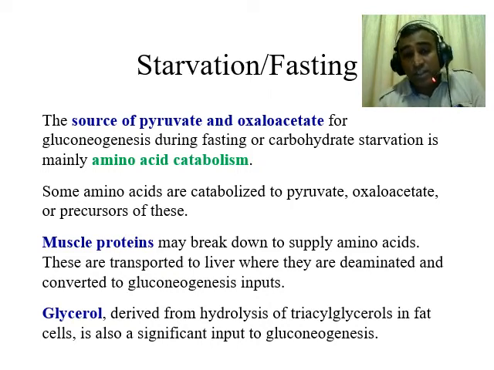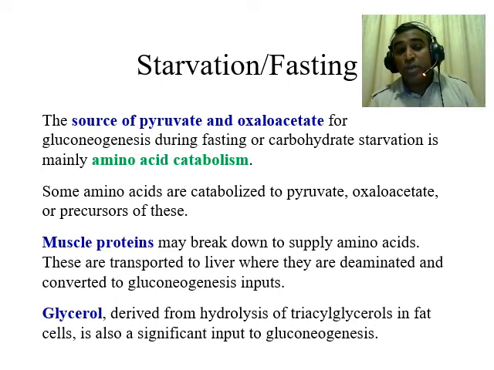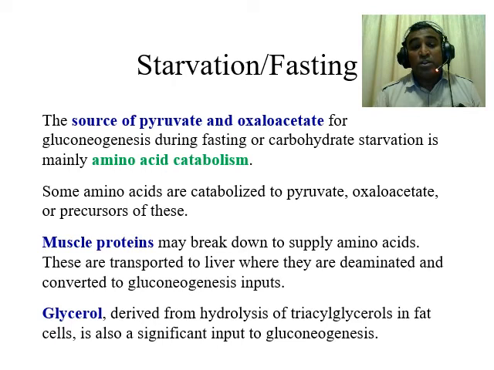So under these two conditions, this is where the pyruvate and oxaloacetate can be changed into glucose, and the source of this pyruvate and oxaloacetate could be from amino acid breakdown, that is after removing the amino group. And where do you get this amino acid? It is either found free in your body, in your cell, or also connected to tissues like muscles.